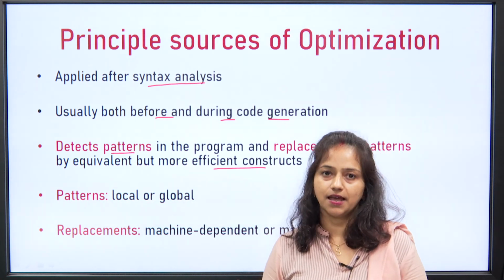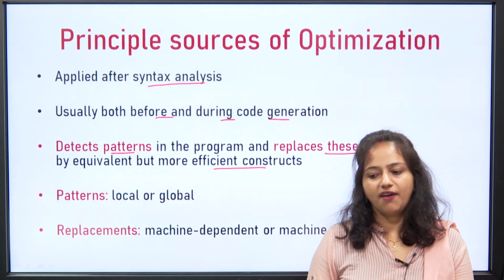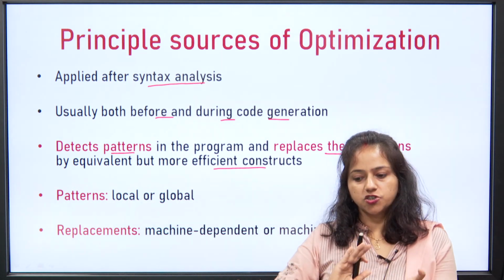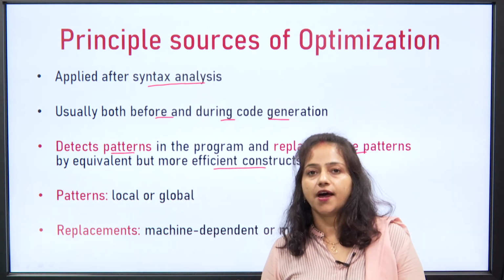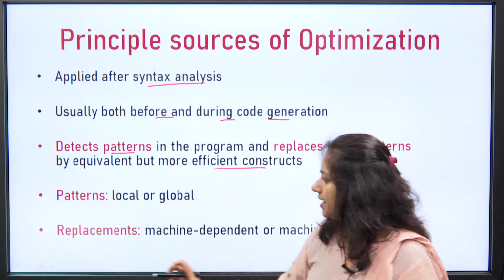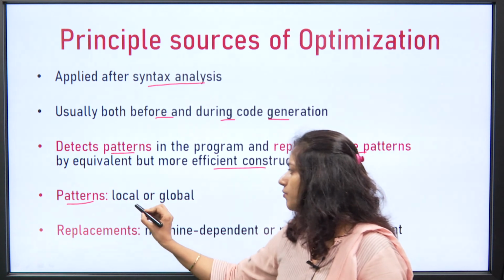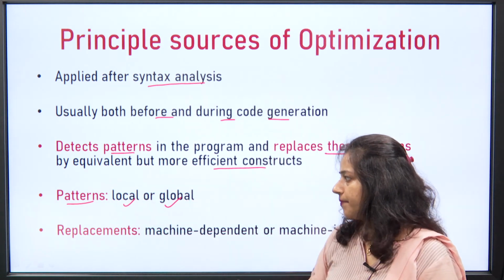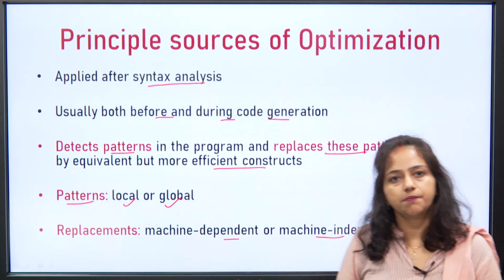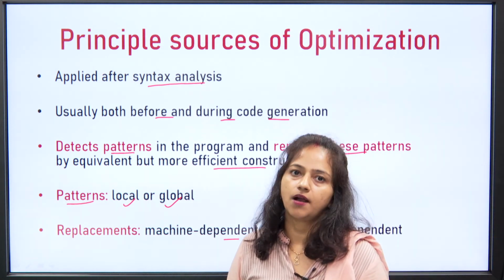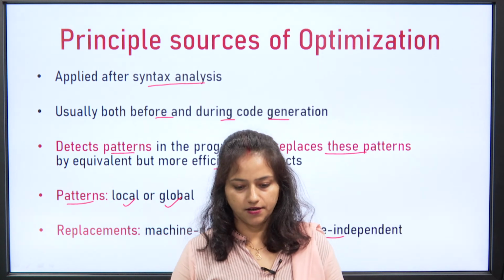There are techniques that change or replace the patterns with efficient versions. Second, the patterns can be found locally or globally, and replacements can be machine dependent or machine independent, meaning architecture dependent or architecture independent.